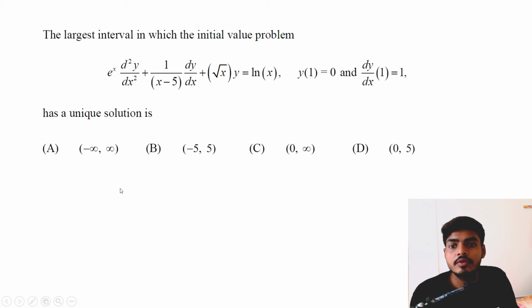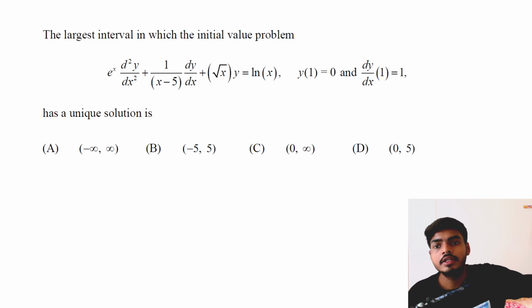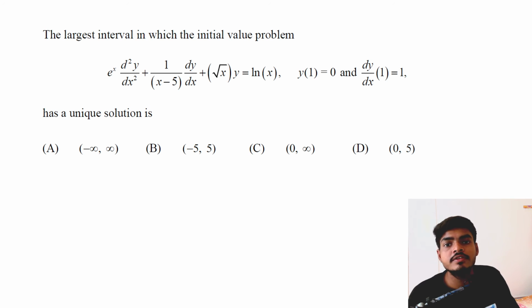So this is another question. This one is from interval, simply the largest interval in which the initial value problem has a unique solution. You can find the trend: whenever they are giving some initial value problem, you don't have to actually solve. Here they are asking about the largest interval in which the initial value problem has a unique solution.